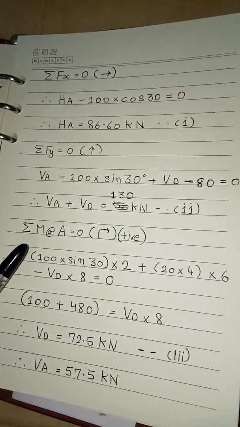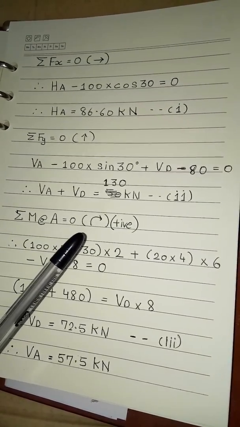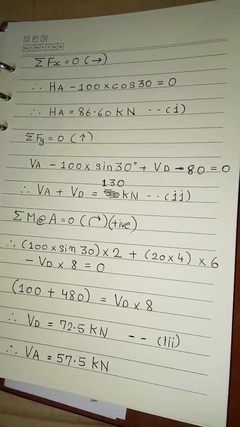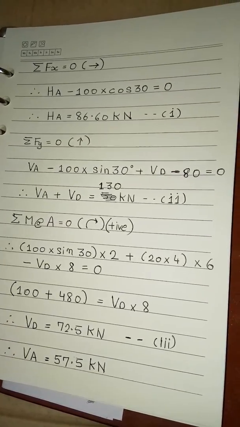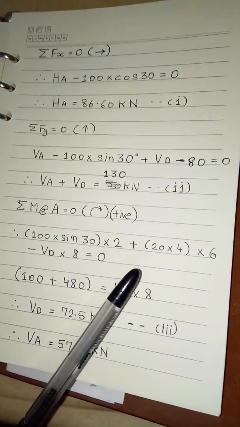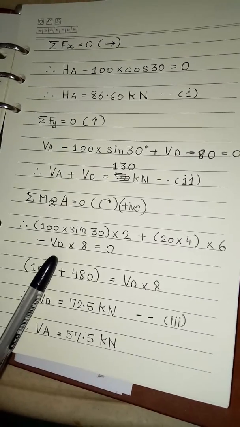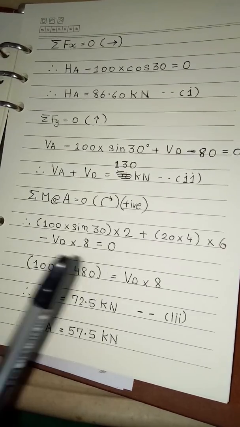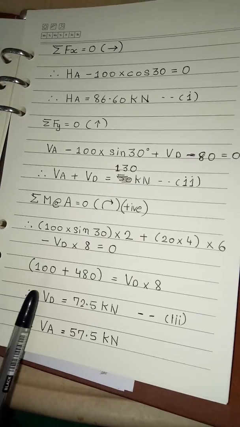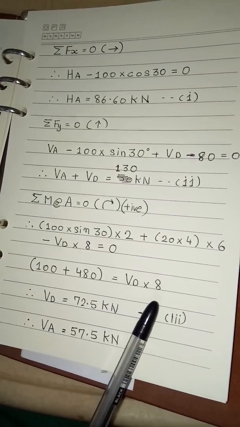From the two starting equations I have two values, and the last one is my VD. So again, summation of moment at A is equal to 0, assuming clockwise direction as positive. So we have 100 into sine 30 into 2 plus 20 into 4 into 6 minus VD into 8 is equal to 0. So I get 100 plus 480 is equal to VD into 8.